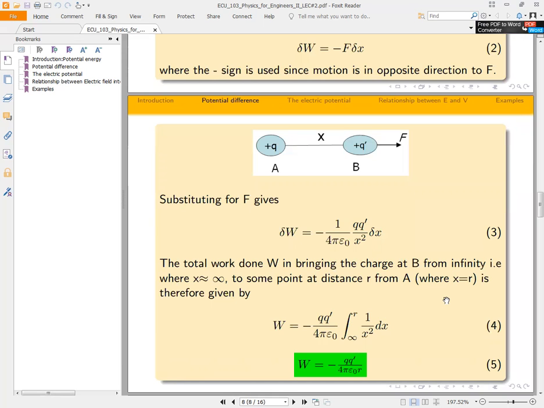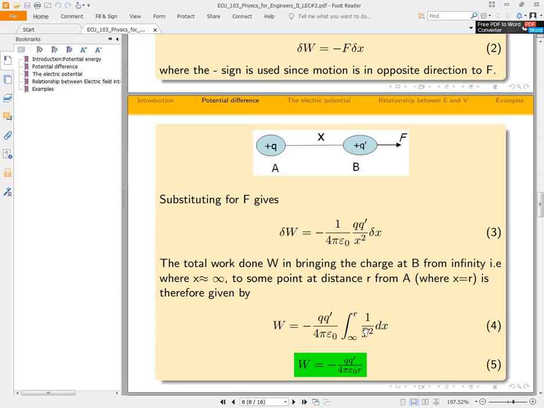You integrate with respect to x, because x is the variable, and you are moving the charge from infinity, where the forces were not felt, to some distance r near the electric field. So you just carry out the normal integration.